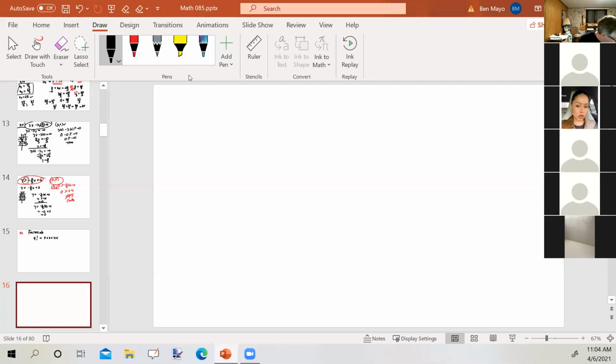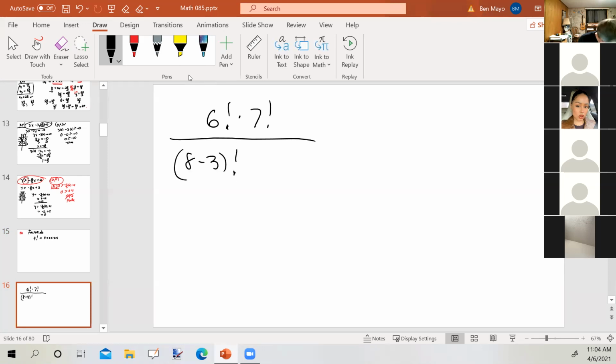Here, let's say we've got something like this. 6 factorial times 7 factorial all over 8 minus 3 factorial, and then times 7 minus 4 factorial.